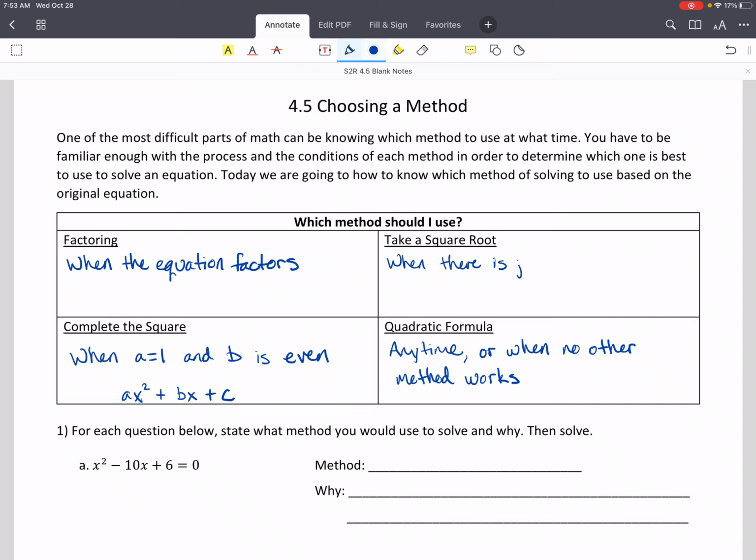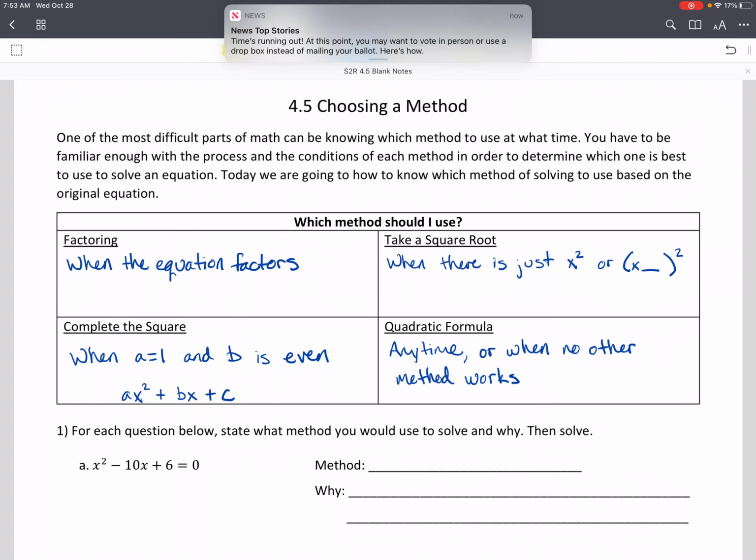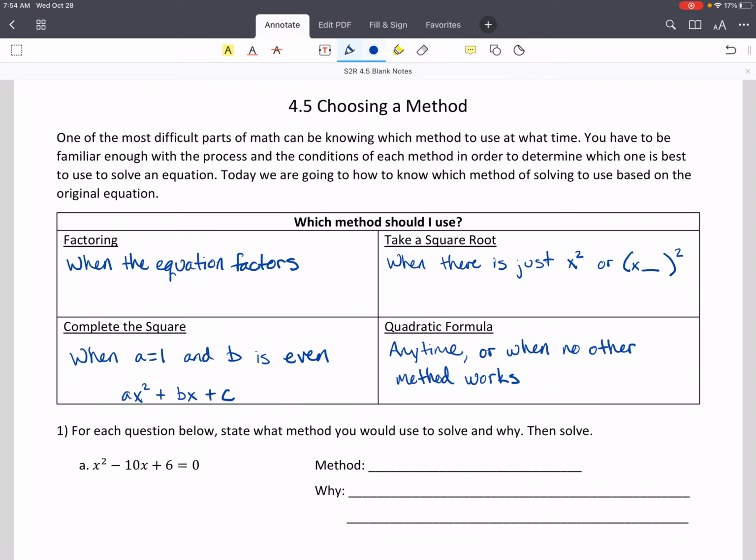As far as taking a square root, we want to use a square root when there's just an x squared or an x in parentheses being squared. We'll just leave it at that.